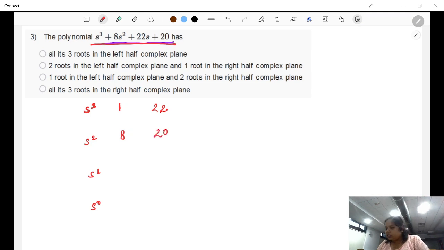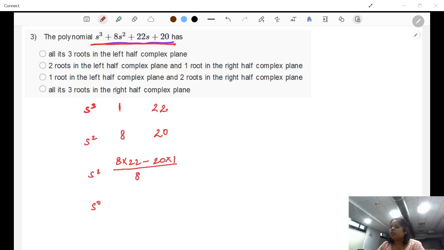Once you are done with this, you're supposed to calculate what would come for s1. It would be 8 into 22 minus 20 into 1, upon 8.